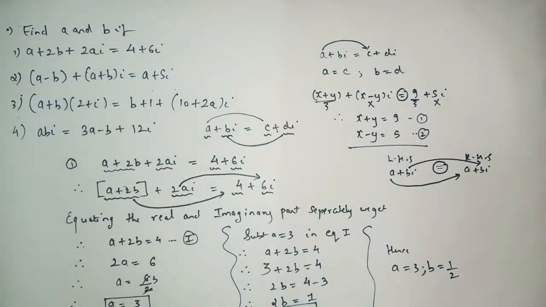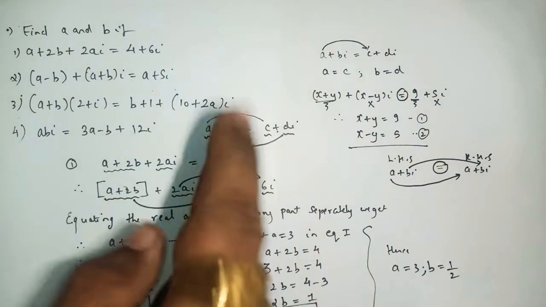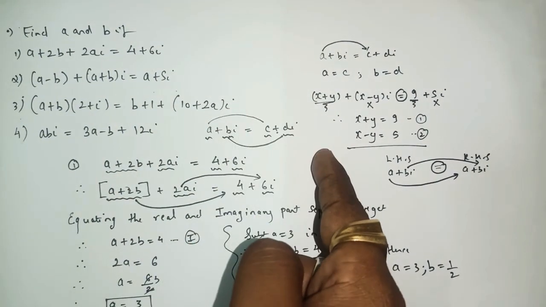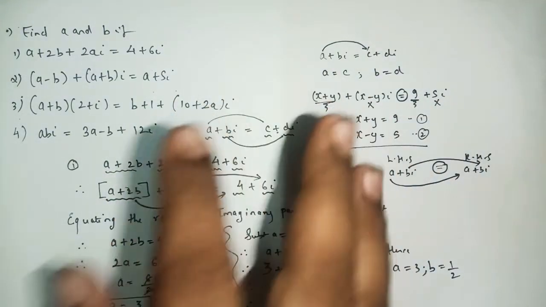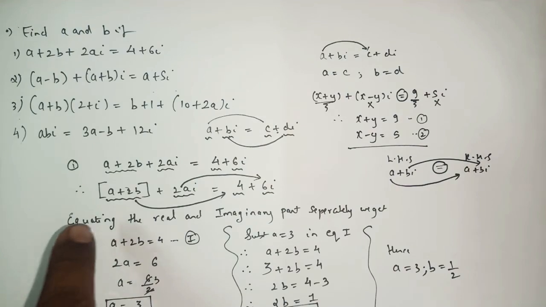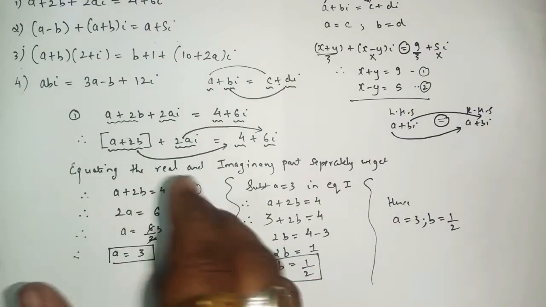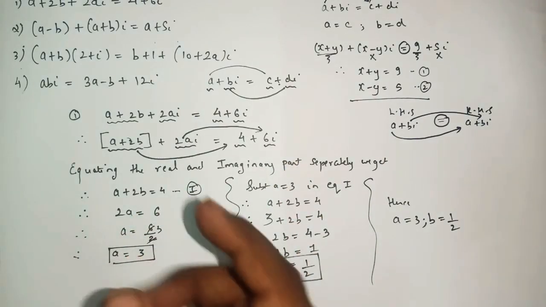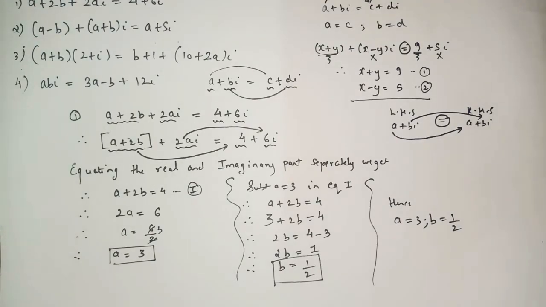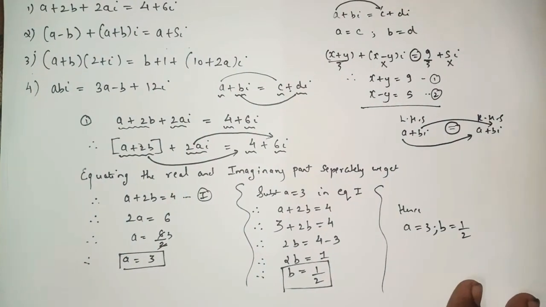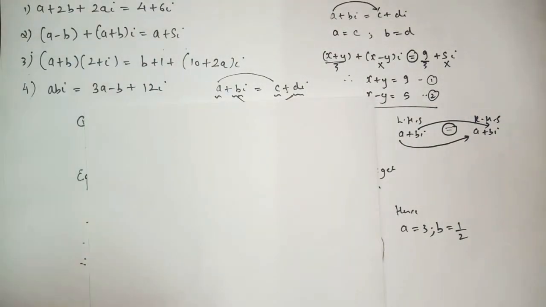Whatever the condition is, you have to convert the left hand side and the right hand side into the form of a plus bi equal to c plus di. Then you have to equate the real part and the imaginary part, where you will get some equations. Solve them and you will get the answer of a and b. So in this way you can present your sum. Okay, so let's move on to the next sum.